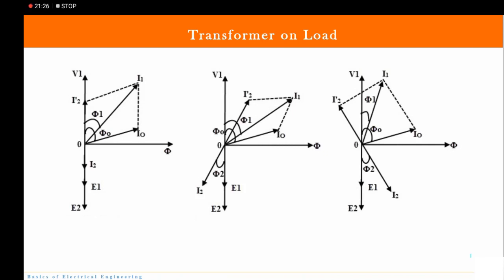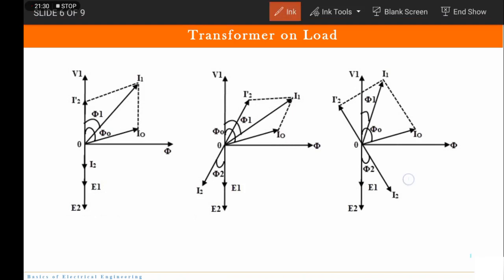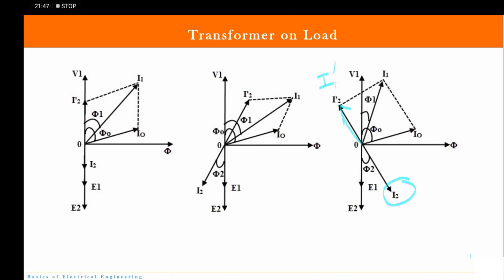This is how it looks. As I told you, in case of a capacitor the current leads, so it comes to the right hand side. Opposite to this we have I2 dash here, in our case it is I1 dash. I hope you understood this.